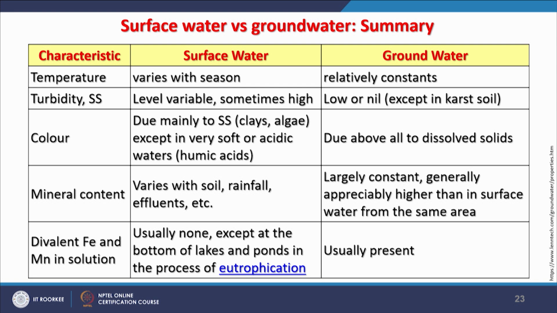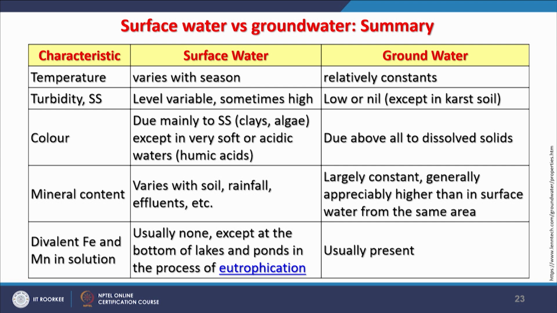Sometimes you also get very soft or acidic water, whereas in case of groundwater, dissolved solids might be there, and in many areas we sometimes get hard water, which is rich in calcium.